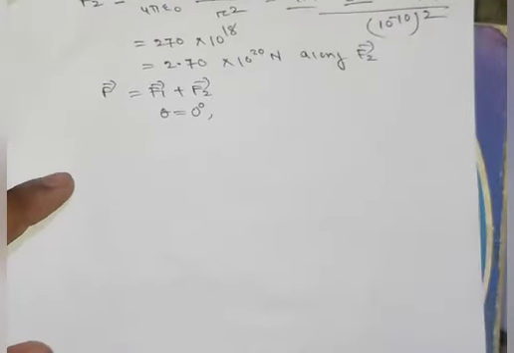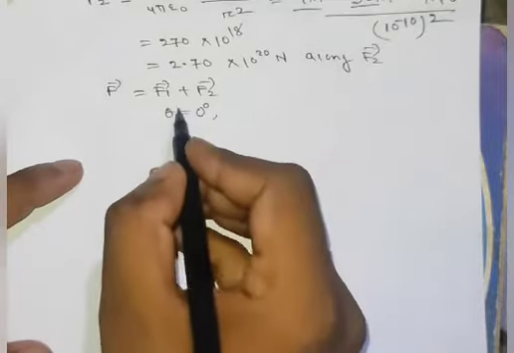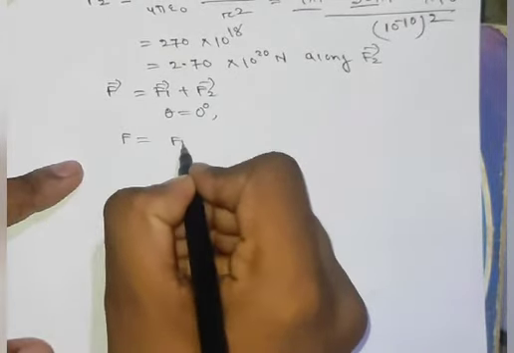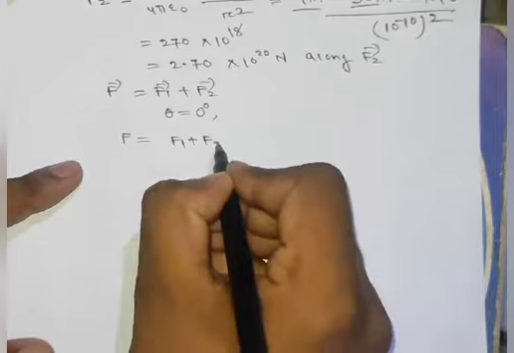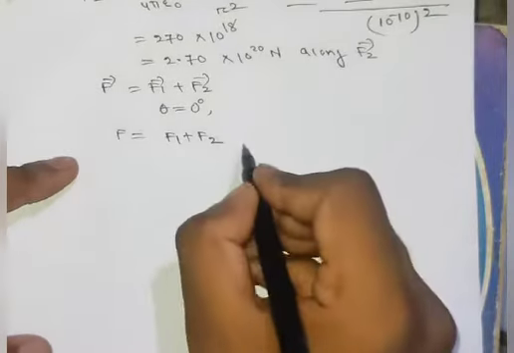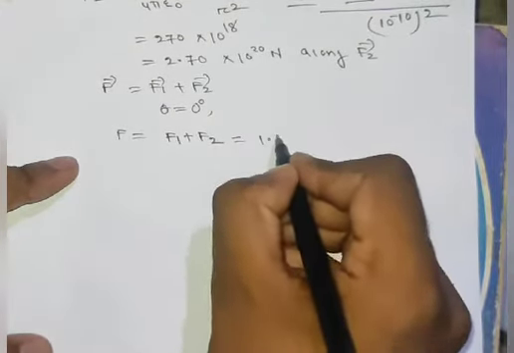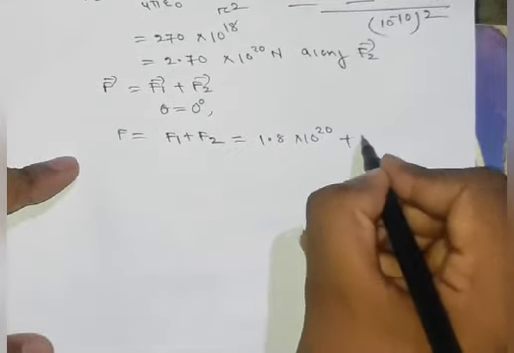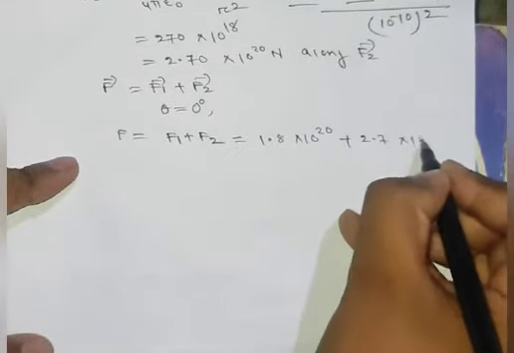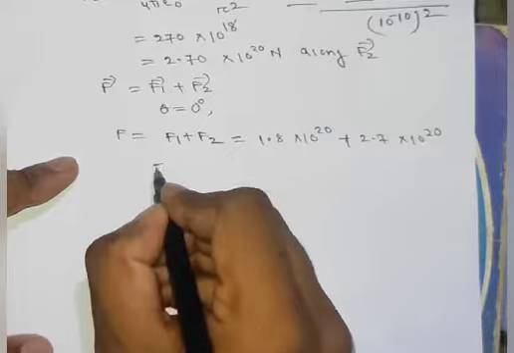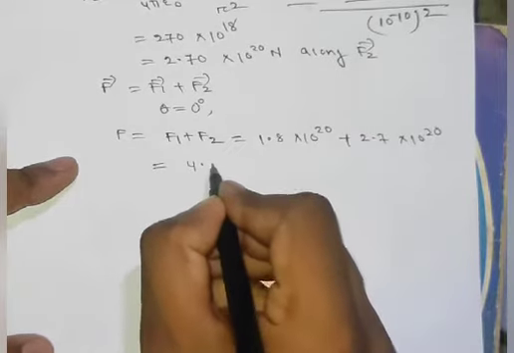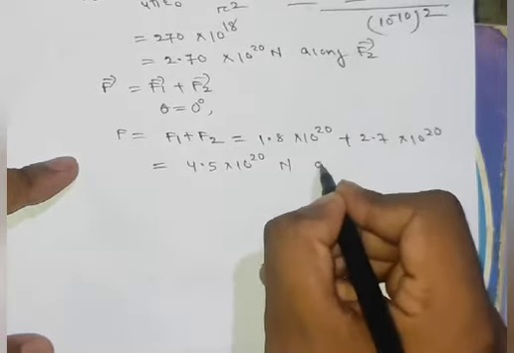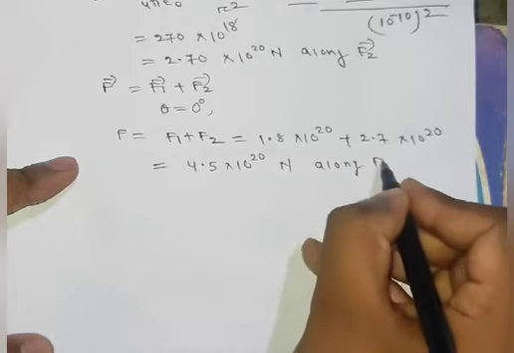For theta equal to 0 degree, the vector addition of two vectors is simply the sum of the individuals. F1 is 1.8 into 10 to the power 20, and F2 is 2.7 into 10 to the power 20. So when we calculate, it will be 4.5 into 10 to the power 20 Newton, and that will be along F2.